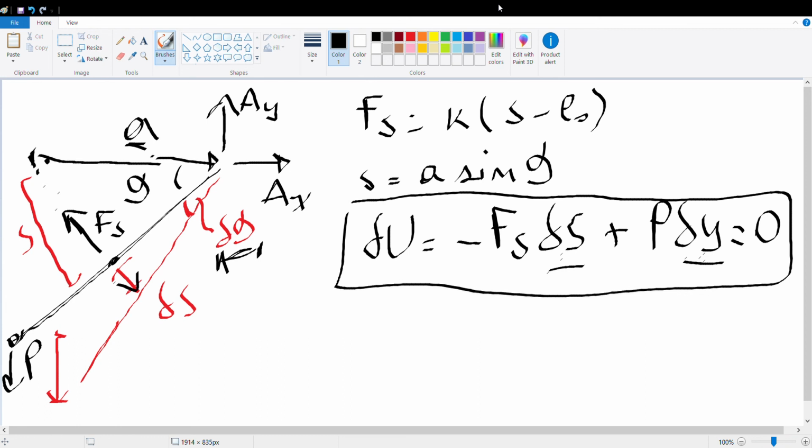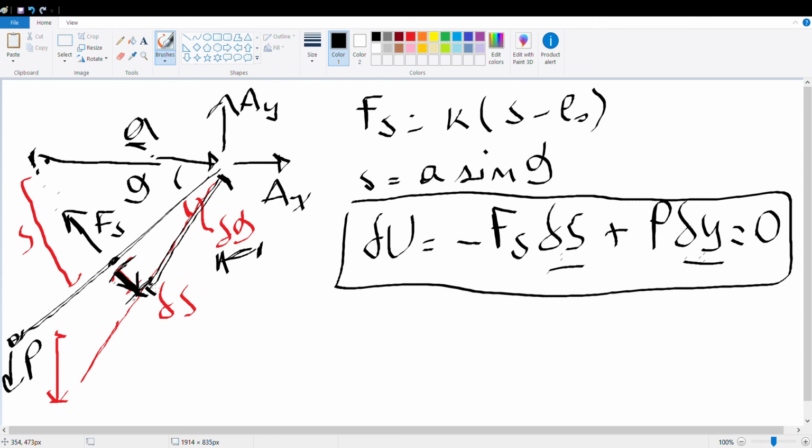So if I look at my delta s, it is this. This length is equal to this element, this section here of my beam, times the angle delta theta.